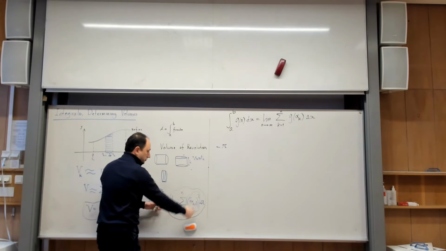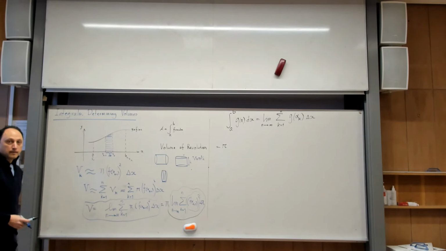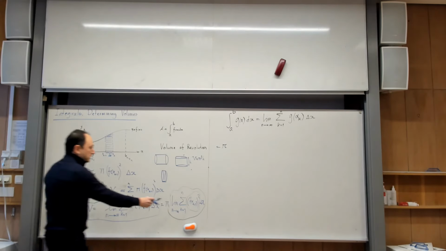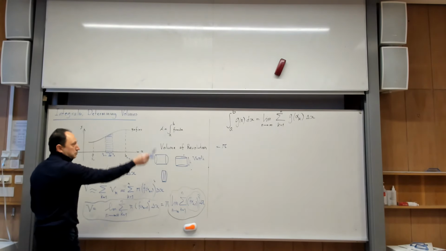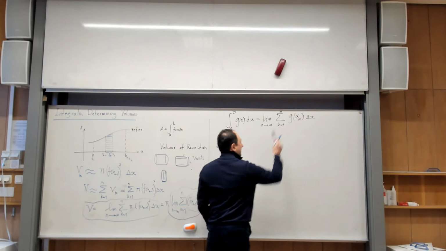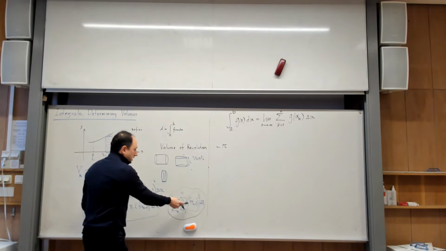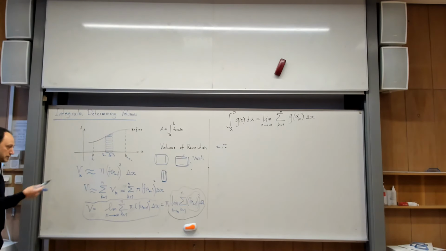What can I write for this limit if I want to write it in terms of integrals? Because x_{k-1} is a number within that interval. Alpha k is an arbitrary number in the kth interval. So here, x_{k-1} is taking the role of alpha k. Doesn't matter. But what can I write for this integral now?